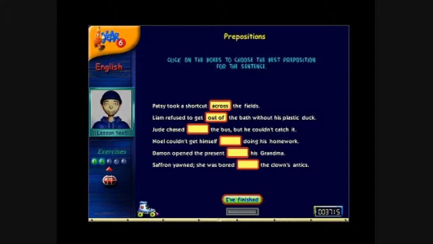Jude chased the bus, but he couldn't catch it. That seems fine. What am I supposed to put there? Jude chased after the bus? Probably. I think chased the bus. Noel couldn't get himself through doing his homework.